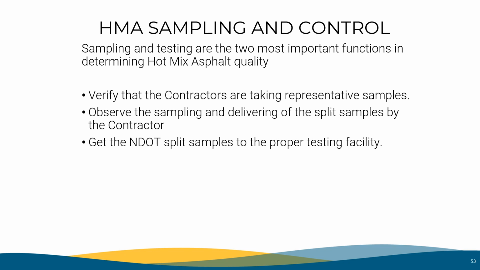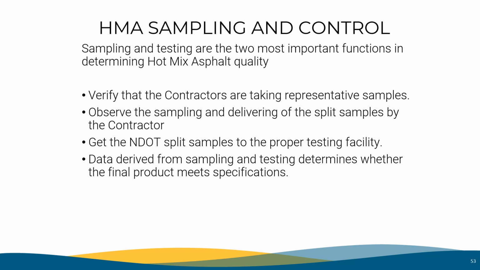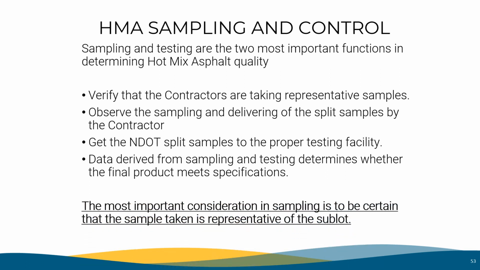This is important because time is essential. If test results are not favorable, adjustments to the mix or conditions need to be addressed. Data derived from sampling and testing determines whether the final product meets specifications. The most important consideration in sampling is to be certain that the sample taken is representative of the sublot.